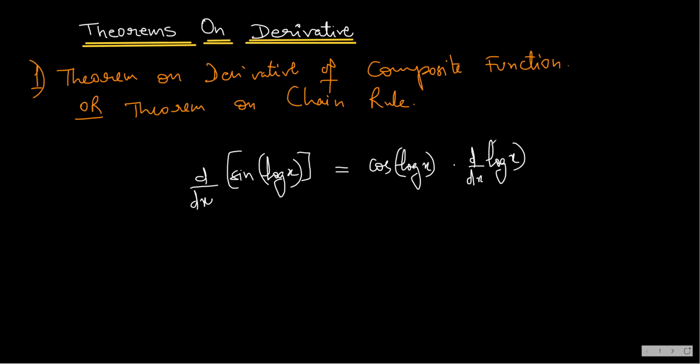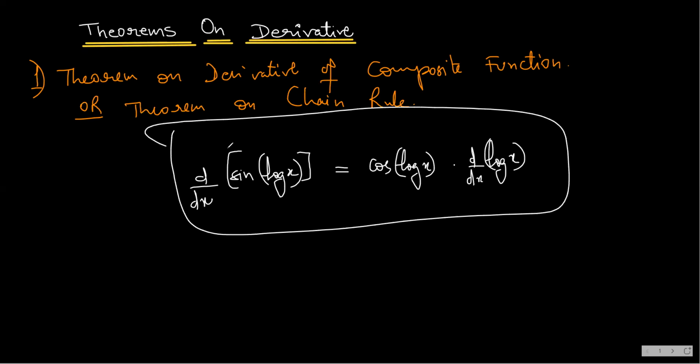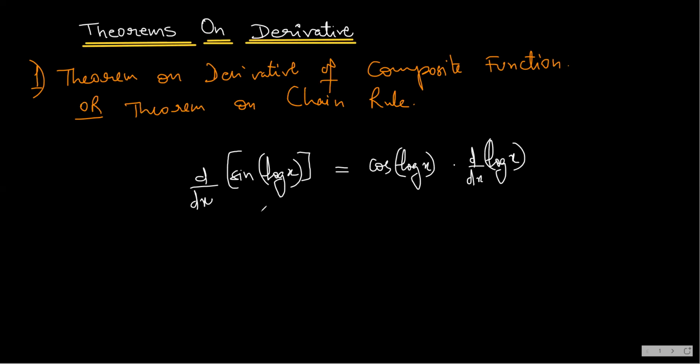This is the method you apply for the derivative of sine of log x with respect to x. This is the chain rule. It is going on a theorem. There is a rule that we are using for this differentiating.